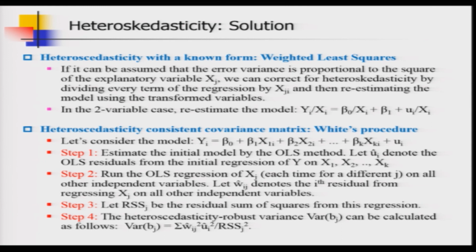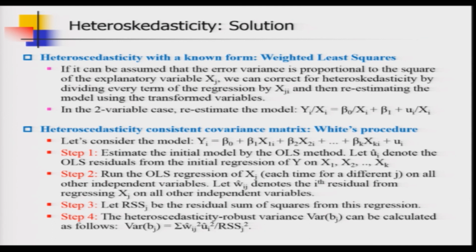Then you run an OLS regression of x_j; basically, for each explanatory variable you run a separate regression on all the other independent variables. Let w hat ij denote the ith residual from regressing the jth explanatory variable on the other explanatory variables. In step 3, you calculate the residual sum of squares from this regression.